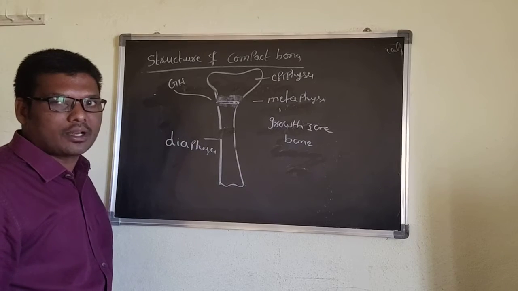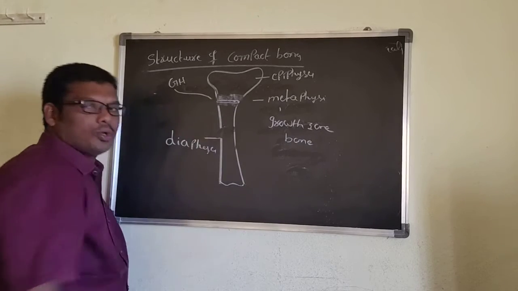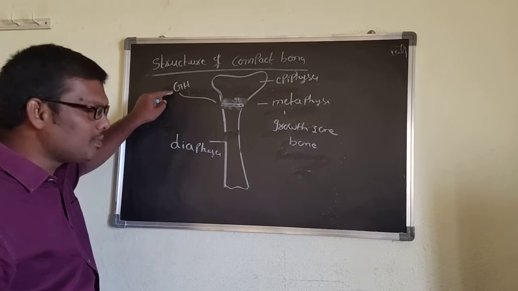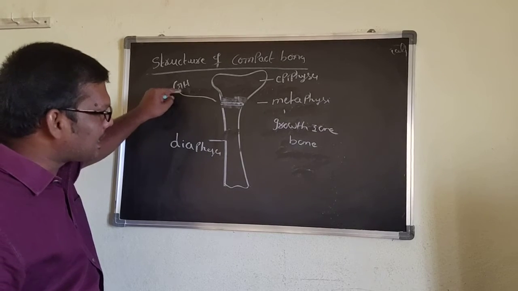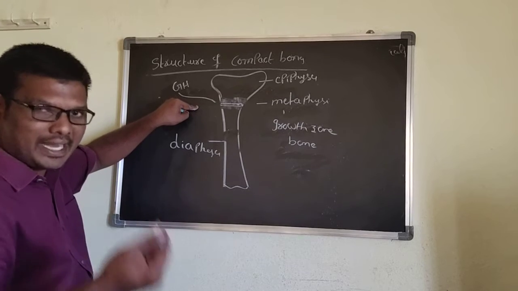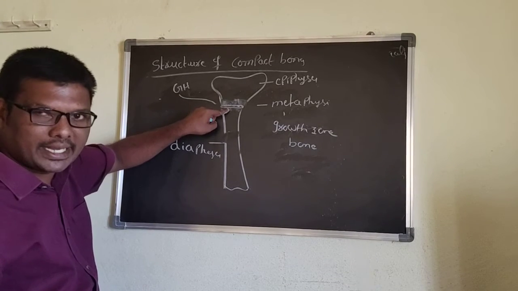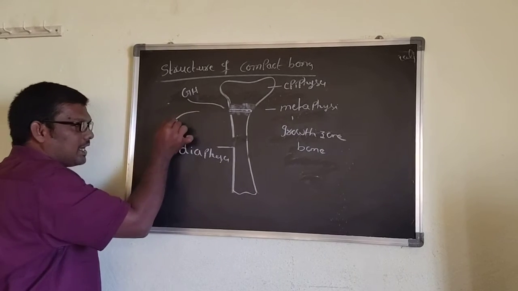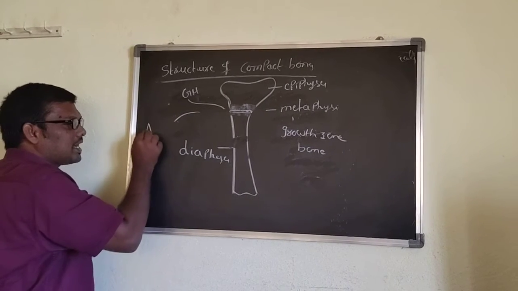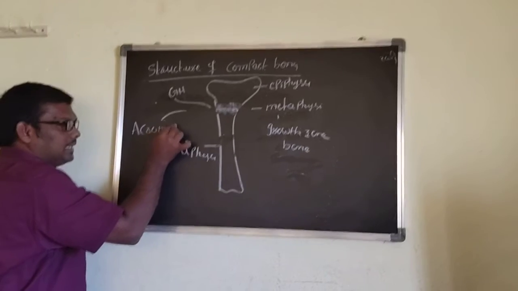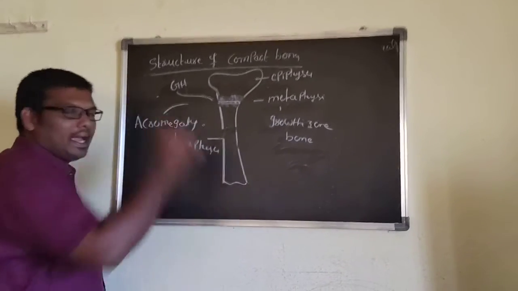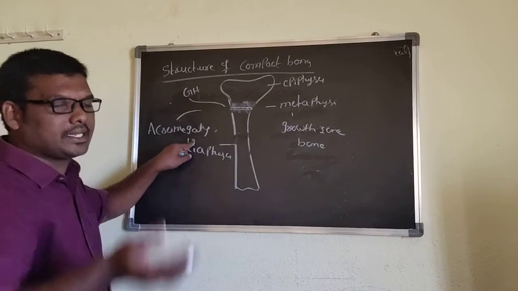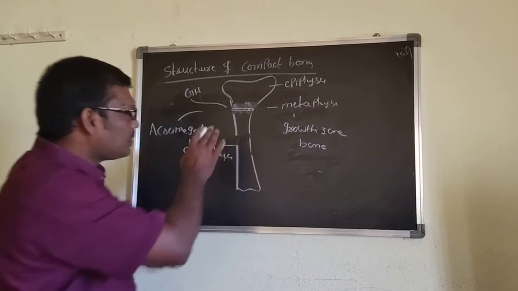Suppose this growth zone, meaning growth hormone, is stimulated after adult condition, after 18 years. At that time growth takes place, and it can lead to a disorder called acromegaly. We can discuss this condition at second year level.